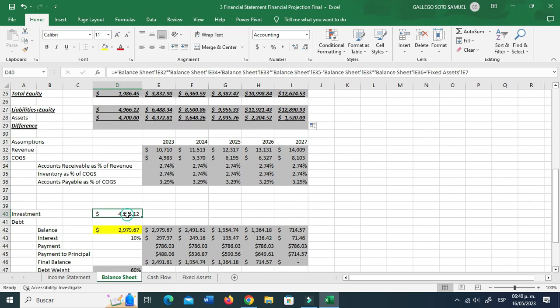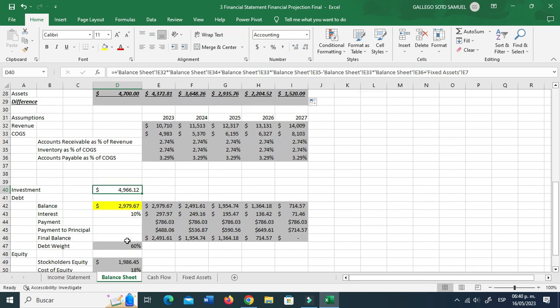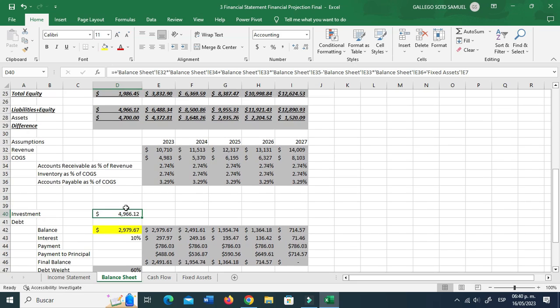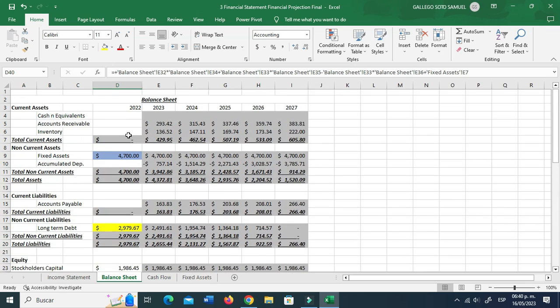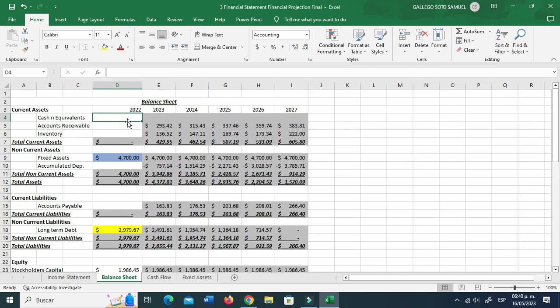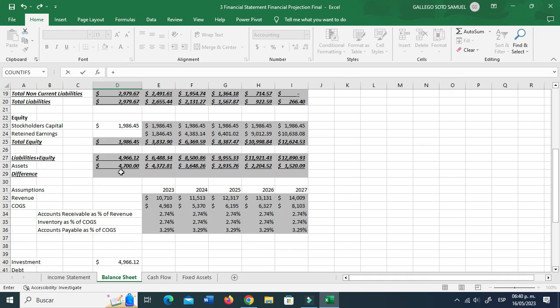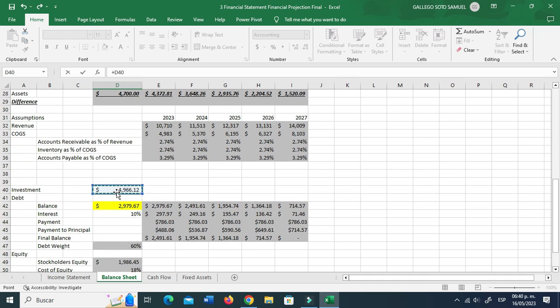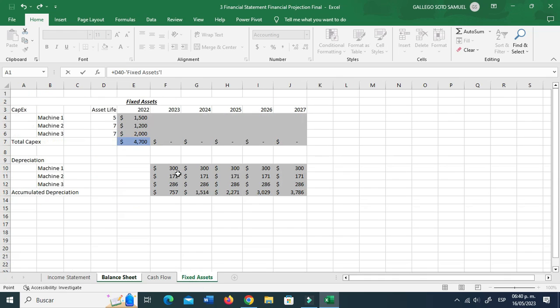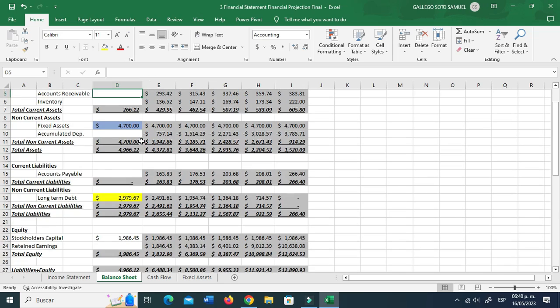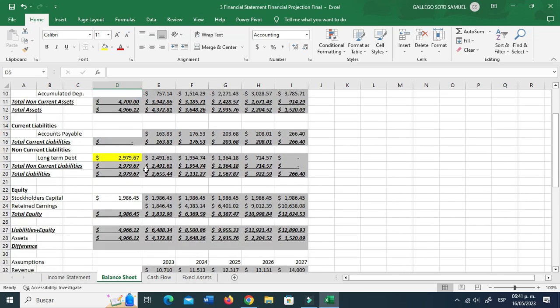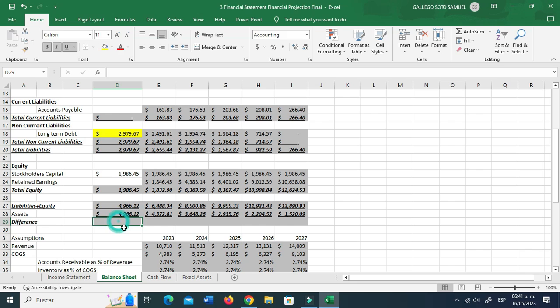So we're gonna be selecting this value and subtracting the value of the assets to get the cash and equivalent. Okay, I hope I'm not gonna get a loop here. If not, I'll find another way.